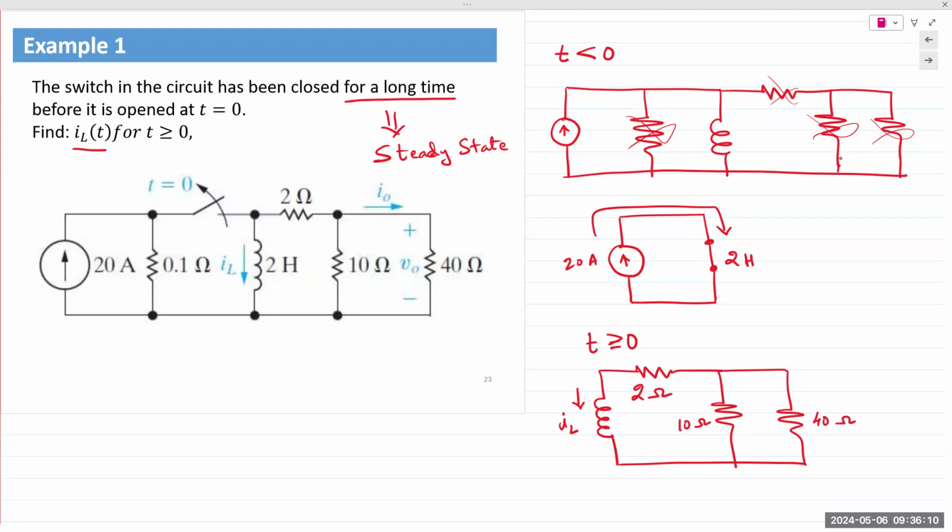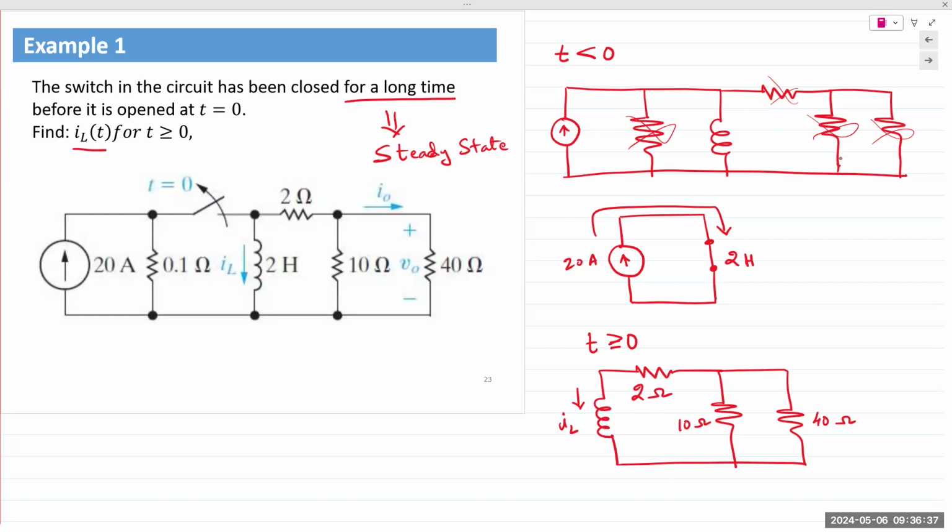Now, does the circuit have a source connected anywhere? So what kind of a response is it? It's discharging, right? It has stored energy. Stored energy is being discharged to the 3 resistors. So if it is a discharging or natural response problem, what is the final value?